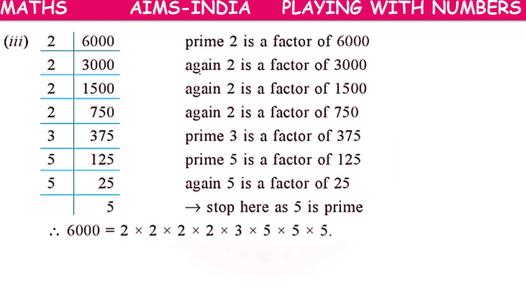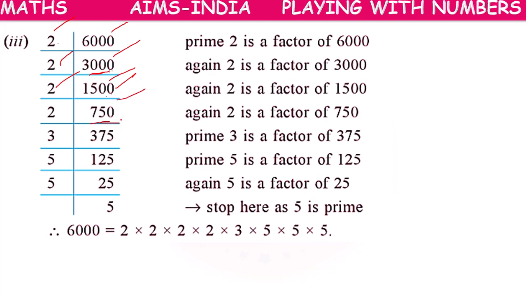Next, 6000. Last number 0, units place 0. So it is divisible by 2. So we will get 3000. In units place we have 0, divisible by 2, 1500. Units place again 0, divisible by 2, 750.